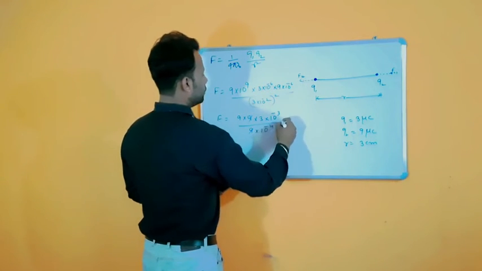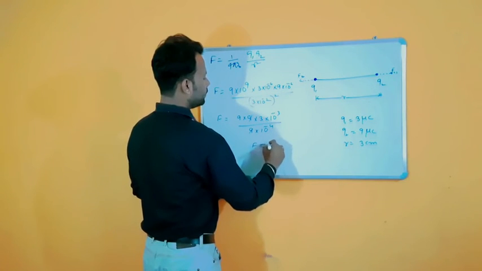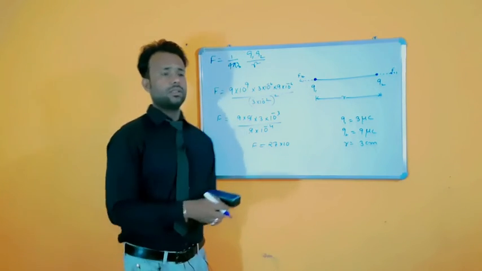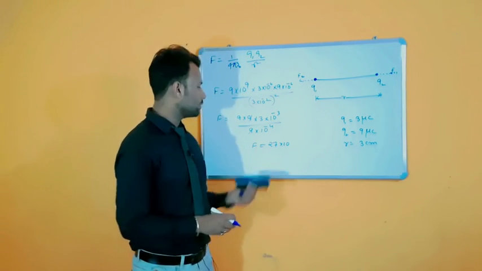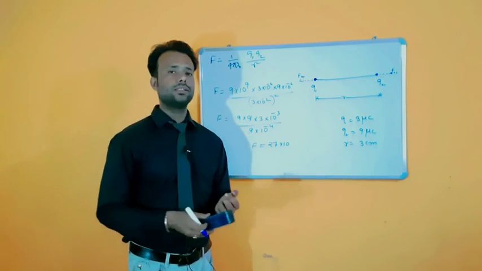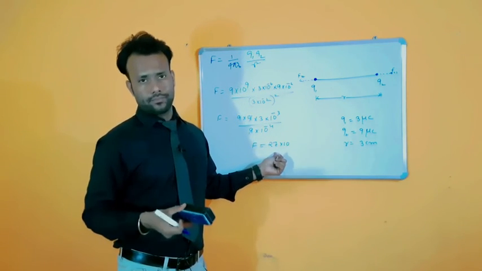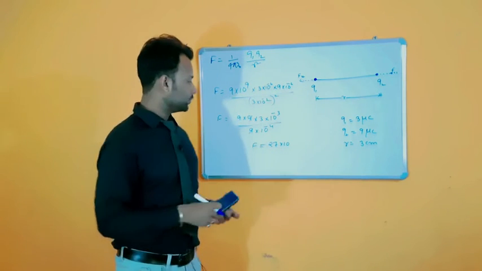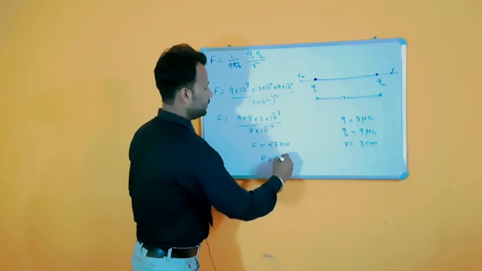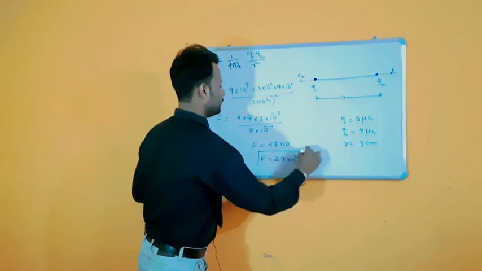So F equals 27 into 10 to the power 1. But if you remember from class 11, this is not the correct method to write the answer. When we write any answer in the power of 10, the number must be less than 10 and greater than or equal to 1. So this must be written as F equals 2.7 into 10 to the power 2 Newton.